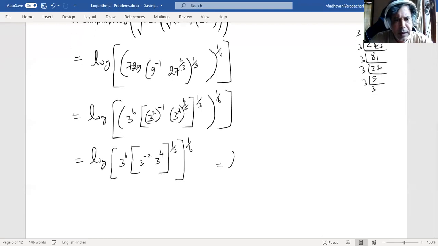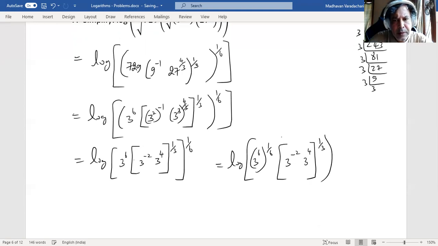Now I can write it as 3 power 6 to the power of 1 by 6. And inside this one is 3 power minus 2, 3 power 4 to the power of 1 by 3, to the power of 1 by 6.